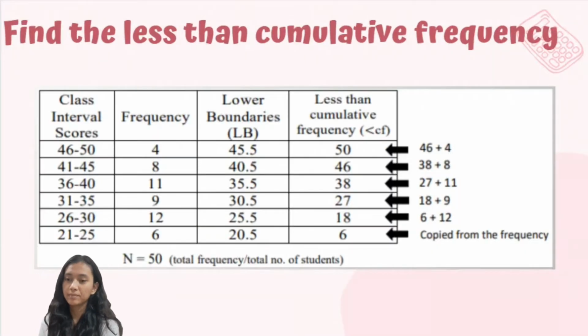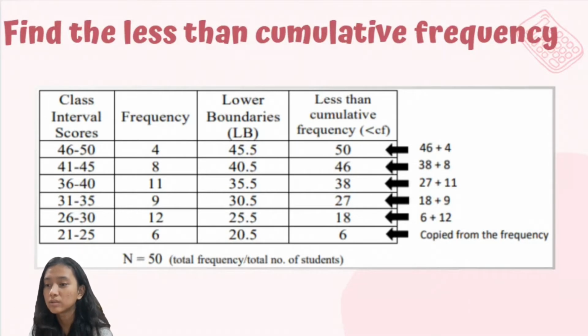The second step is find the less than cumulative frequency. So, to get the cumulative frequency, you have to copy first yung pinakababang frequency. Tapos ilalagay mo siya dun sa row ng less than cumulative frequency.